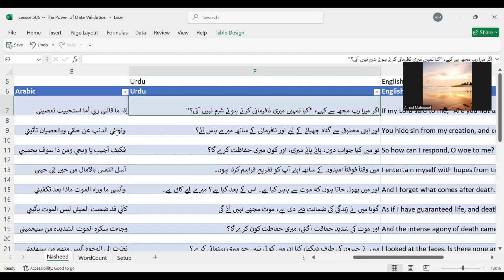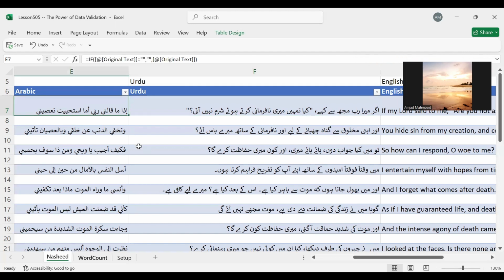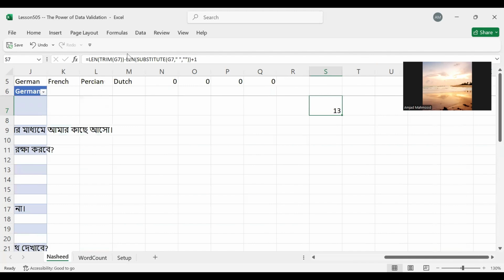So this is how we use it. And now let's discuss what that formula is all about, which counts the words. The counting of the words is simple. First of all, what is being calculated is actually 59, the complete length including all the spaces, right?